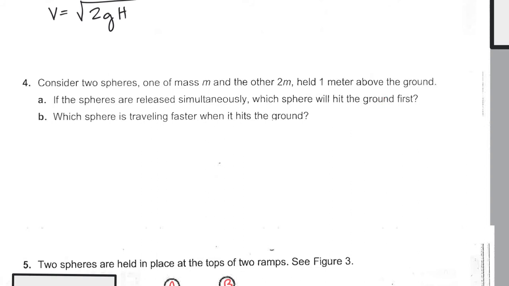So do you think that there would be a change in velocity between the two, or no? Shake your head or nod your head. So would the lighter sphere hit the ground first? Yes or no?